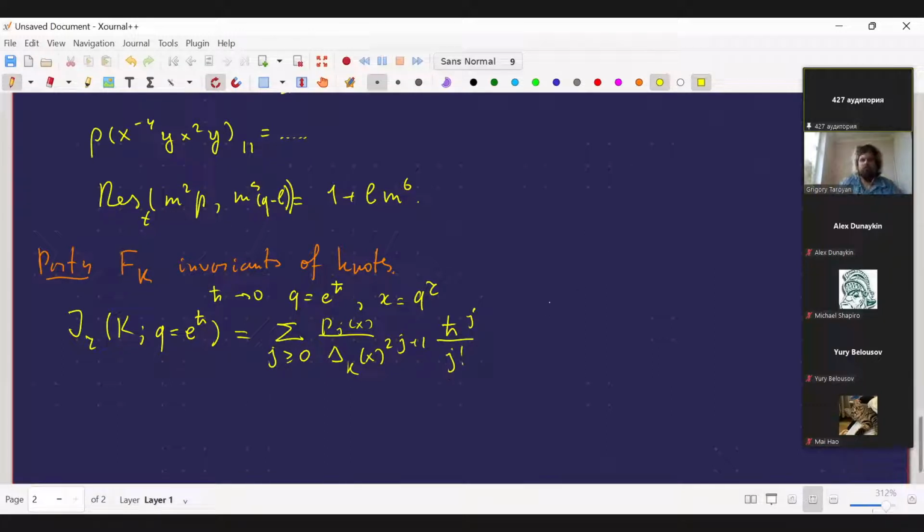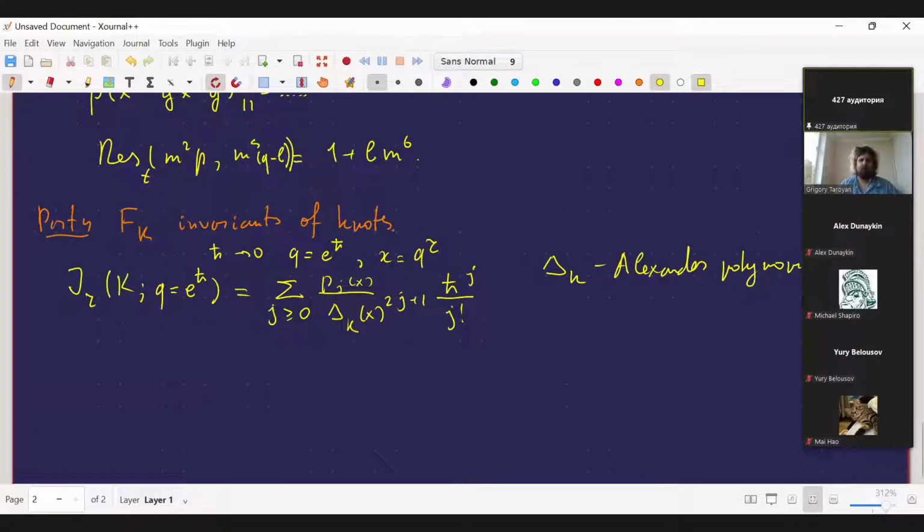so delta k here is the Alexander polynomial. And x is related to q via this equation. Okay, so the p_j's are certain Laurent polynomials. The index of delta is k, yeah?